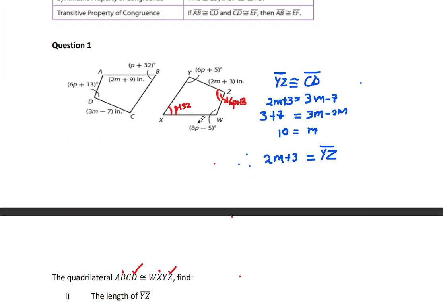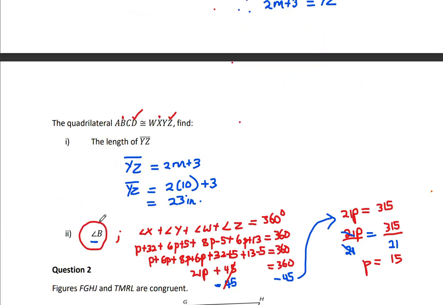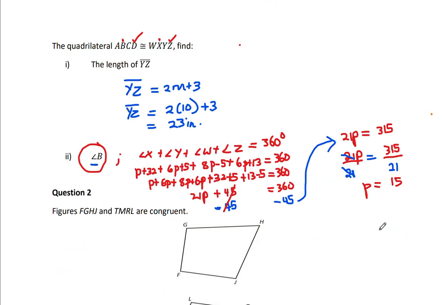Now that we know that P is 15, and moreover, X is equal to P plus 32, which is the same as B, and remember what we're asked to find here is angle B. Since we know that P is equal to 15, then therefore, angle B, which is equal to P plus 32 degrees, would simply be equal to 15 plus 32 degrees.